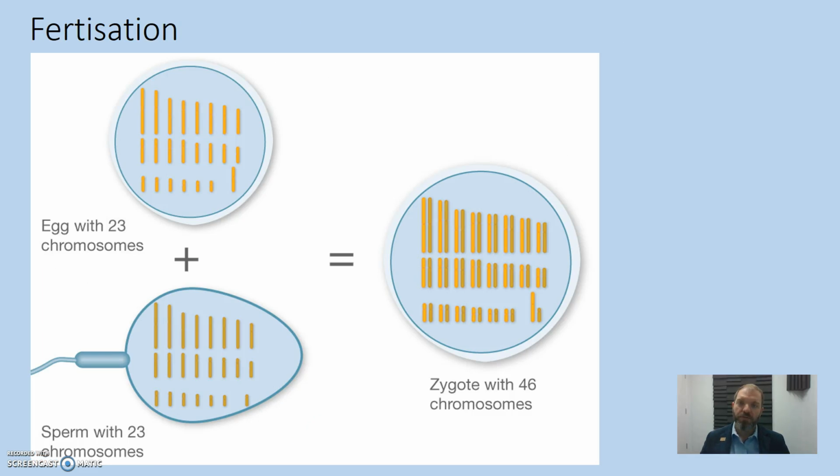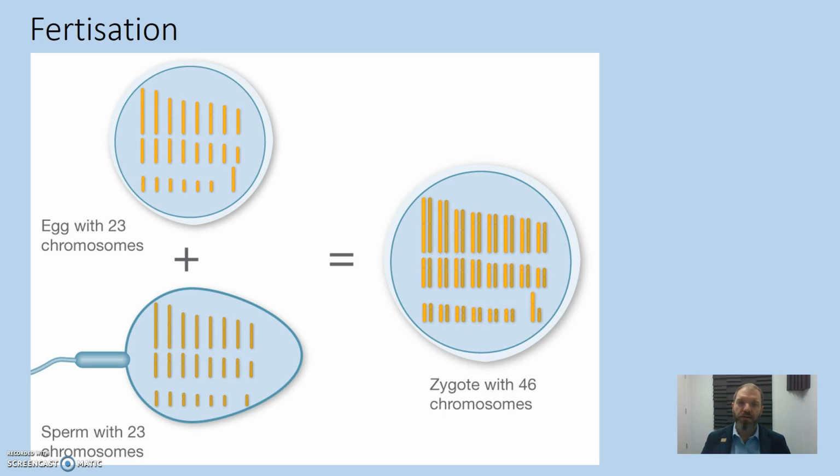Finally, when fertilization occurs, those chromatids that might have recombined or independently assorted to make an egg cell or a sperm cell now meet up with another gamete. Now that combination of these 23 single chromosomes meeting up with 23 single chromosomes to make 23 paired chromosomes will lead to a combination that is unique and probably never occurred in human history.